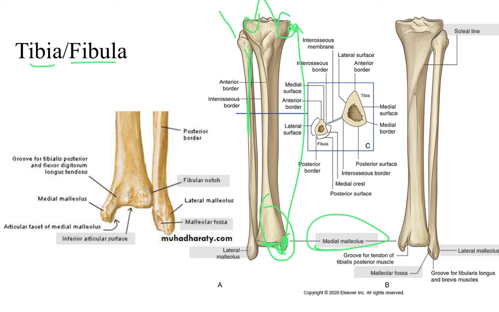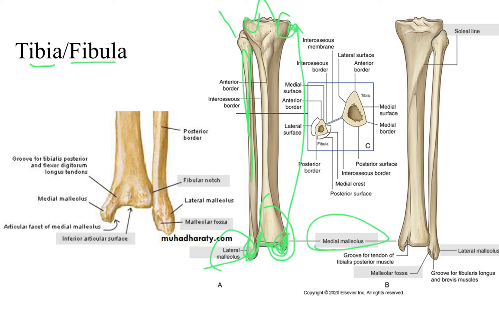It's always going to be located laterally, not medially. So your fibula is on the lateral aspect of your lower leg. And the one end comes down to a point, and you can palpate that on the lateral portion of your ankle. That's known as the lateral malleolus. So you have the medial malleolus on the tibia, the lateral malleolus on the fibula.